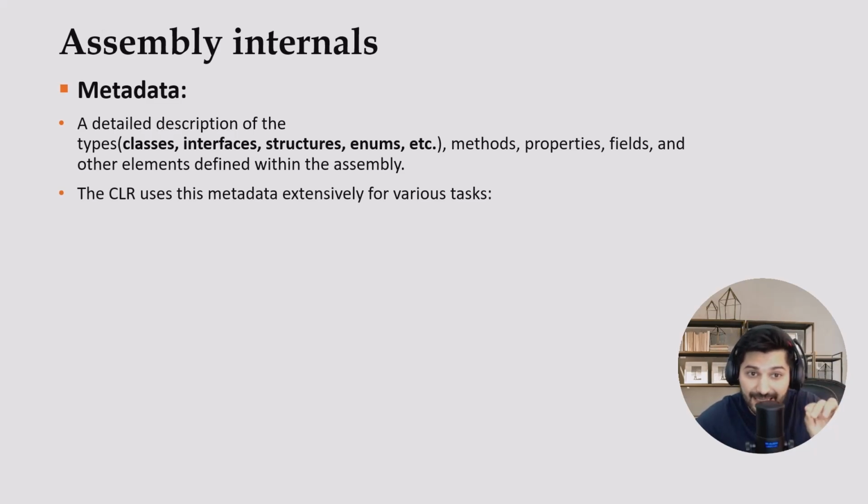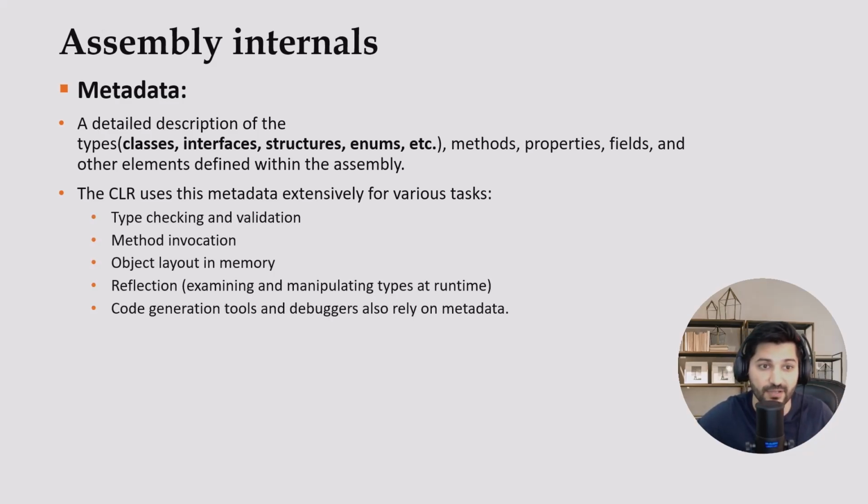The CLR uses this metadata extensively for various tasks. So let's see what type of tasks we have. Type checking and validation, method invocation, reflection, object layout in memory, code generation tools, and debuggers also rely on metadata.